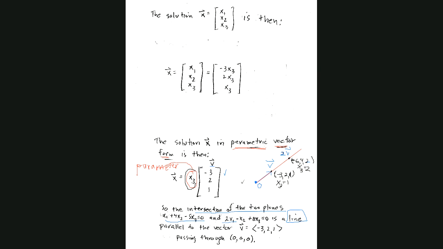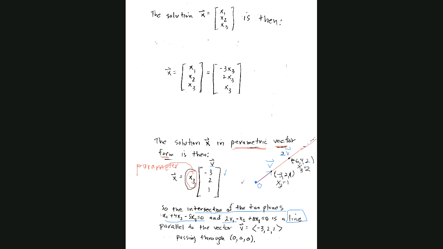We can let x3 take on different values, like 5 halves, or 12 sevenths, or 15 sevenths. Anything you want, but you're going to create a bunch of points, and all these points are going to continue extending that line.